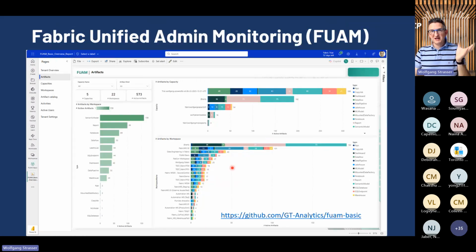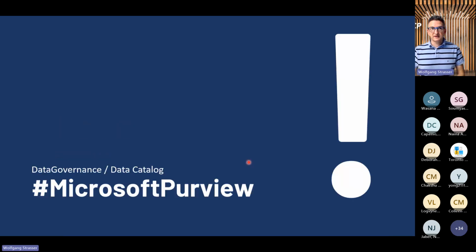So as I've shown you, there are things built into Fabric directly by Microsoft, and there are community sources out there that you can use to enhance and govern and learn more about your Fabric environment. And with that, it's time to broaden our horizon. It's not only Fabric.